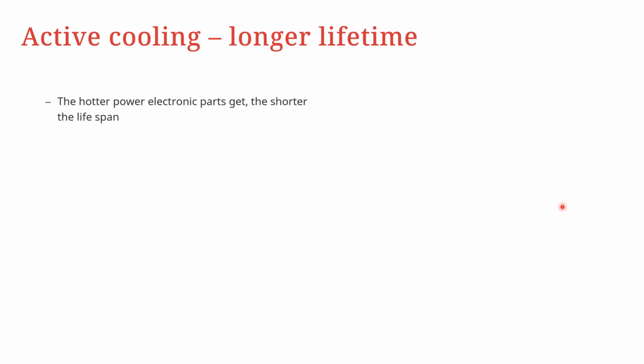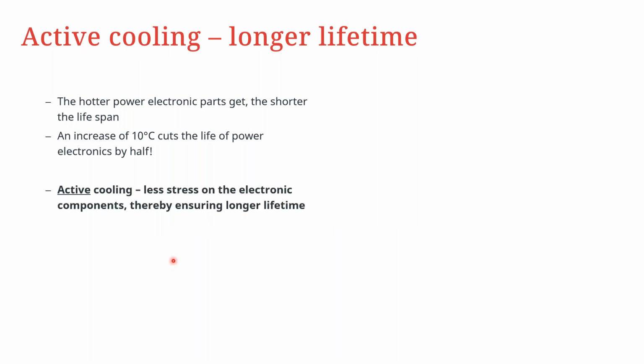With active cooling, we have said also that you get a longer lifespan of the inverter, and the conclusion from a lot of studies is that the hotter power electronics get, the shorter the lifespan. If you increase, for instance, the operating temperature of an electronic device by just about 10 degrees Celsius, then you essentially cut the life of this device by half.